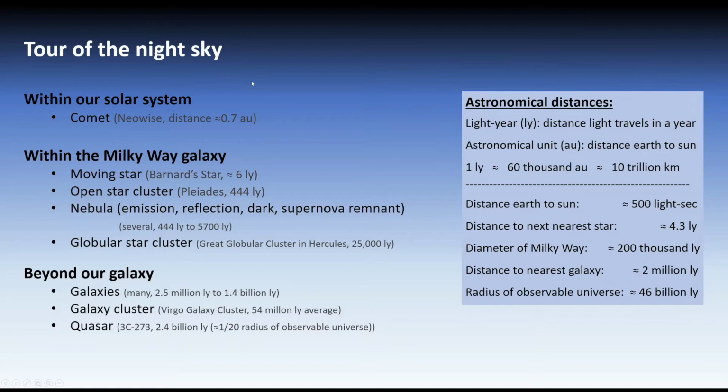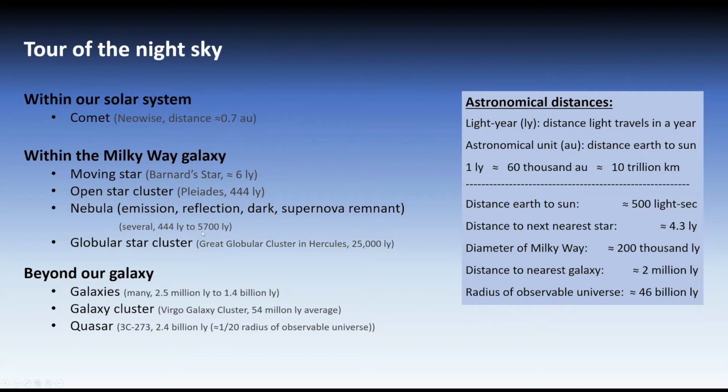Okay, so the objects that we're going to look at, keep in mind these distances. Within our solar system, the comet, which is less than 1 light year away. Within the Milky Way galaxy, we're going to look at a star which is just 6 light years away. Open clusters, the Pleiades we'll look at, which is 440 light years away.